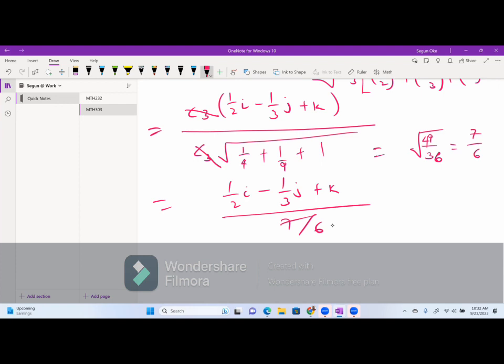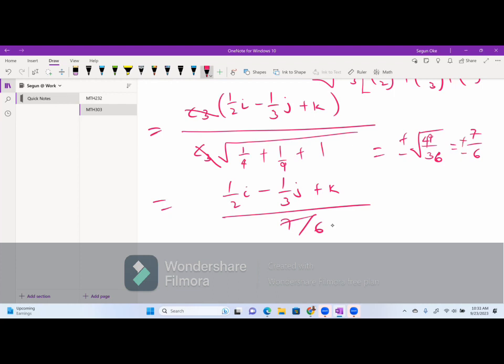So what do we have at the end of the day? Anybody? But don't forget that when you are finding this, we are having plus or minus, right?